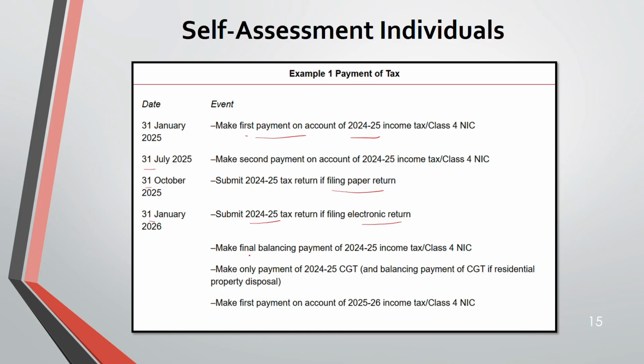Also this is the date when you are making the final balancing payment, and your CGT payment is also here. Only 1 payment. But if it is residential property, then it will be a balancing payment for CGT also. Next, remember for your next tax year, your first payment on account for the next tax year will also be in this Jan, including income tax and class 4 NIC.